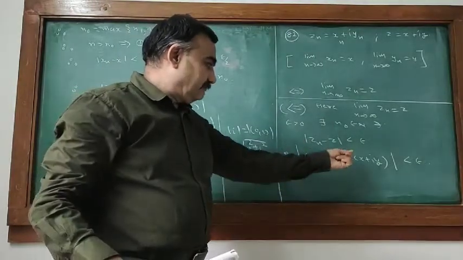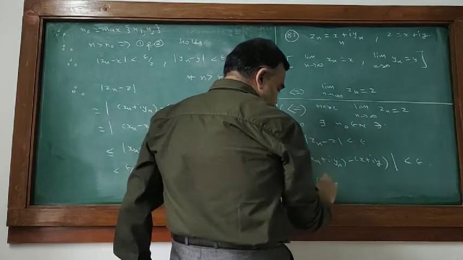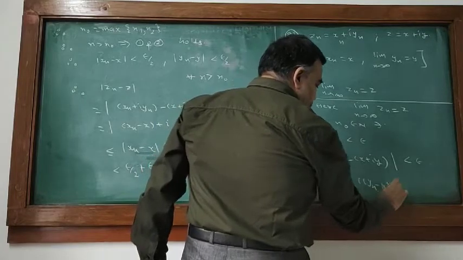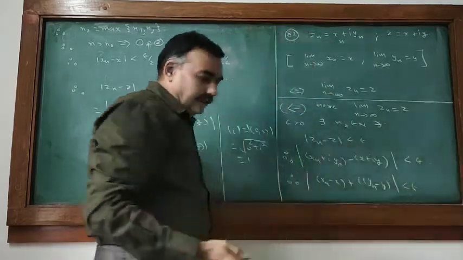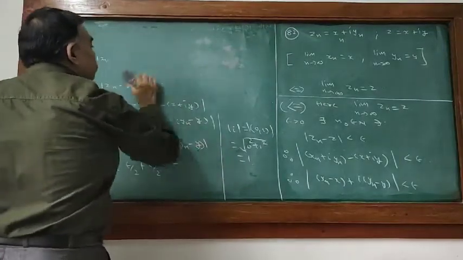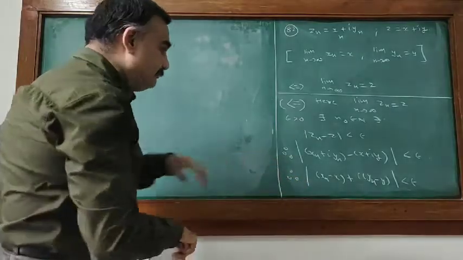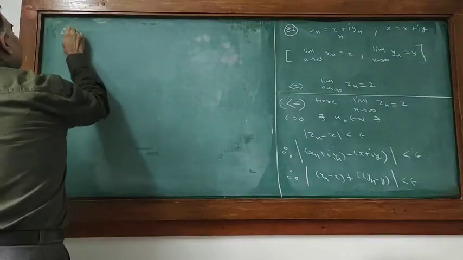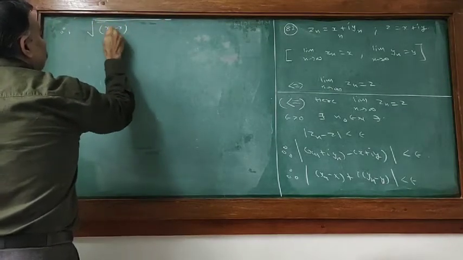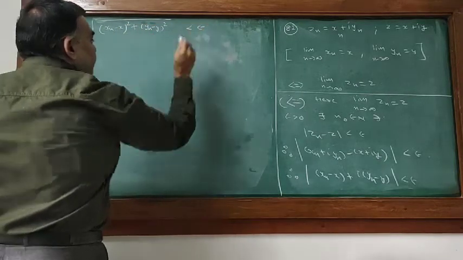Xn plus i yn minus (x plus i y), its modulus is less than epsilon. What does it mean? It means that the square root of (xn - x) squared plus (yn - y) squared is less than epsilon.